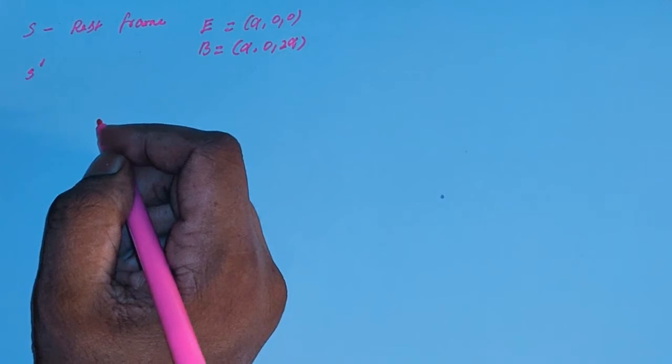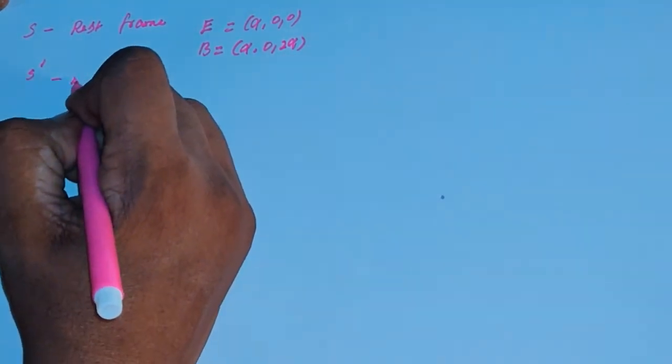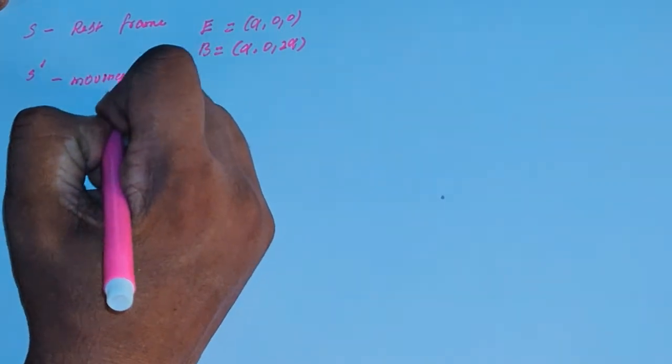Another inertial observer B moves with a constant velocity with respect to A, in the S prime frame, a moving frame with a constant velocity.